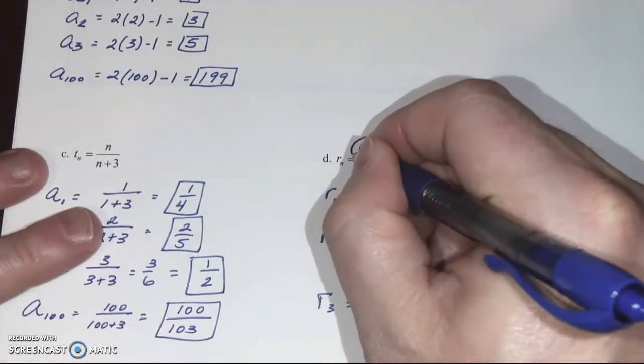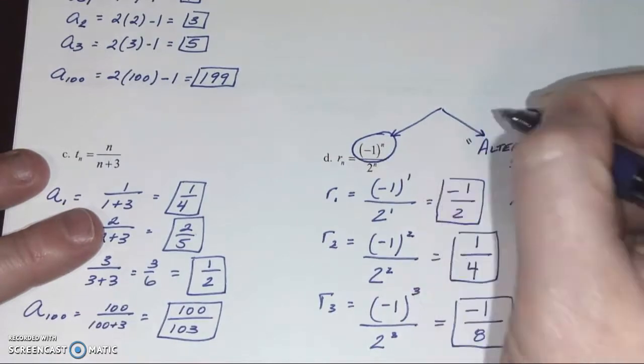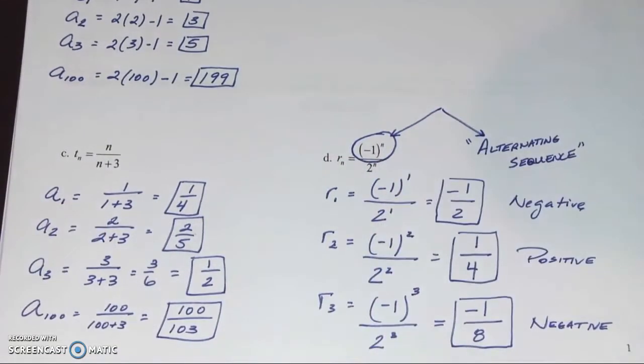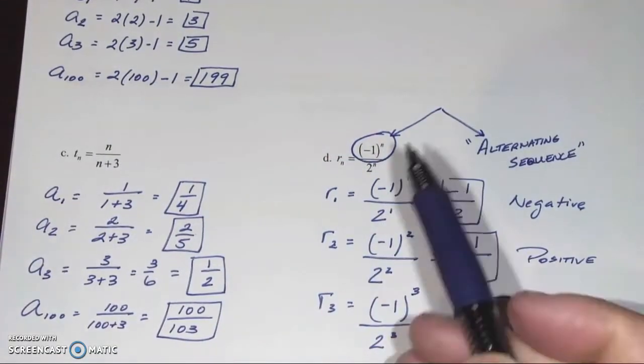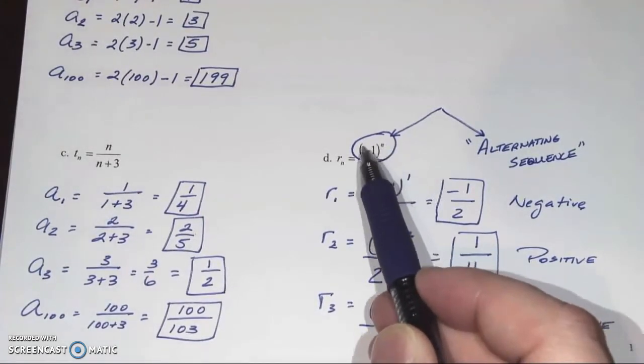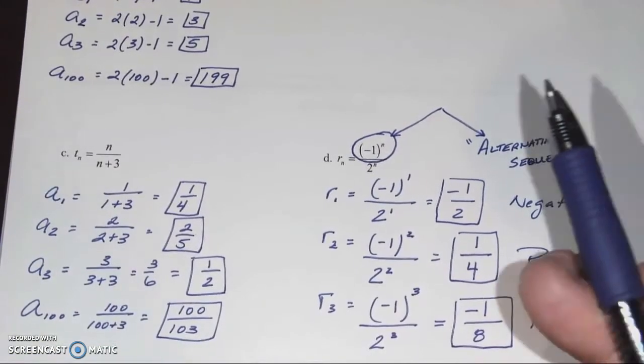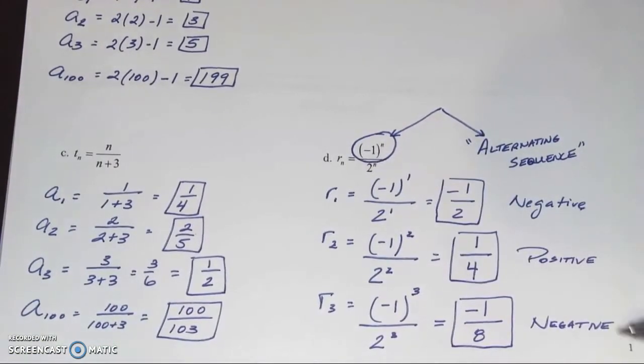How might we have known that that was going to happen? This -1 to some n power, some variable, even if there was an n minus 1 here, an n plus 1, an n plus 2, anytime we have a -1 to an n power somewhere in a sequence, it makes sense that it's going to alternate.